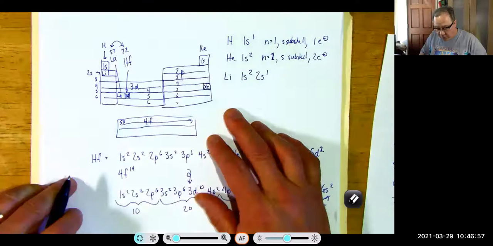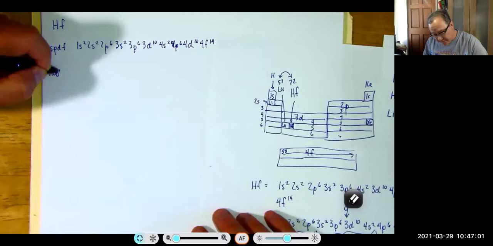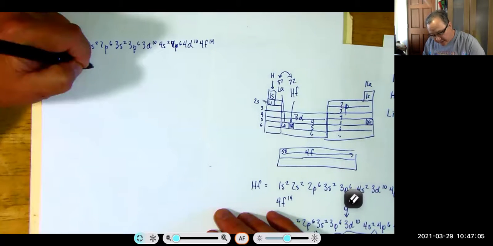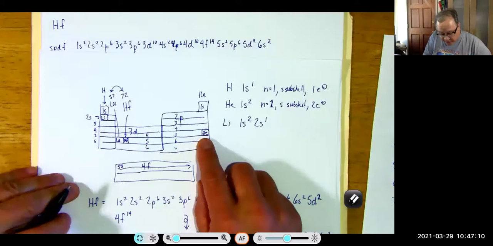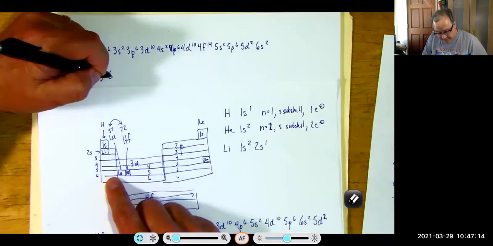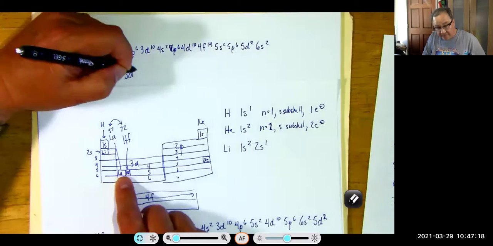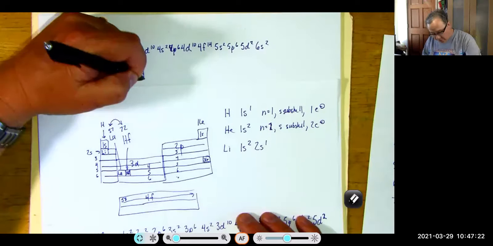So we can actually write the noble gas configuration, and the noble gas would be xenon. So we start at xenon, and then we go here, 6s2, and then you can see we've got 5d2. And then 4f14 for the ones below.